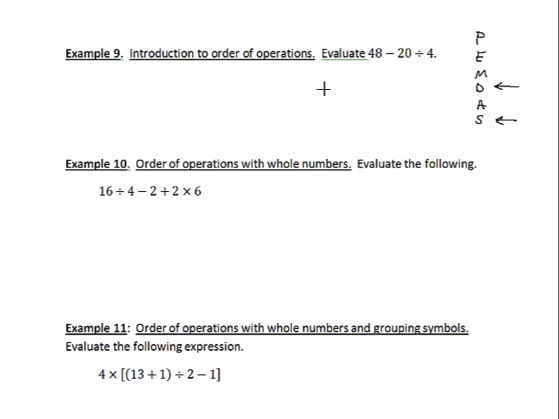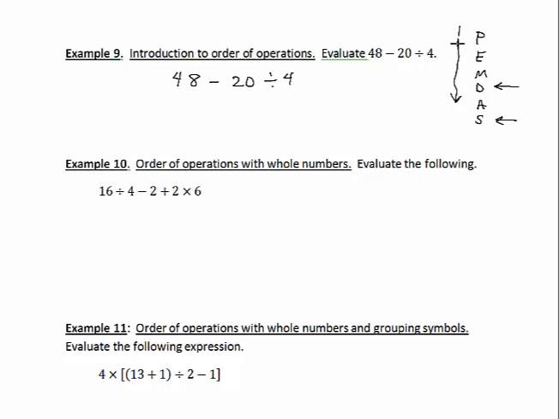Let me copy this down because I want to work it out line by line. We're going to ignore this subtraction in the 48. Maybe put your thumb over it as you work it, but we only want the numbers and the operation sign in between. So what comes first?